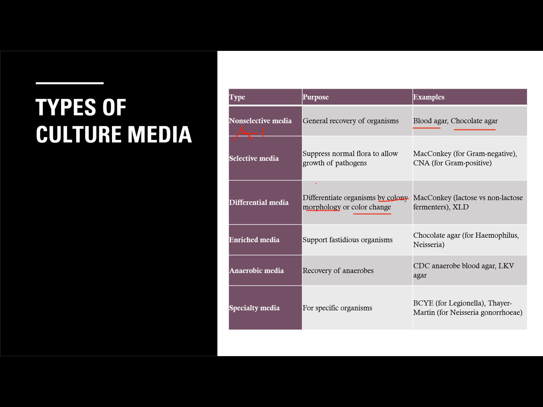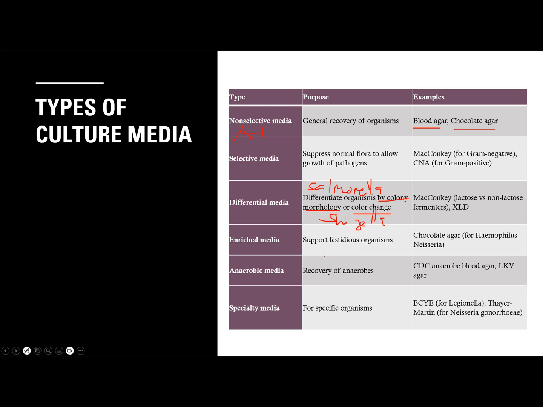Ang pinaka-best example dito, class, is when growing Salmonella and Shigella. So would tend to have differentiating colors if you grow them in a differential media. Examples of these are MacConkey for lactose versus non-lactose fermenter and XLD.